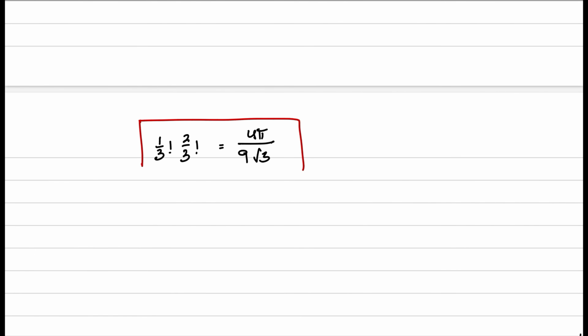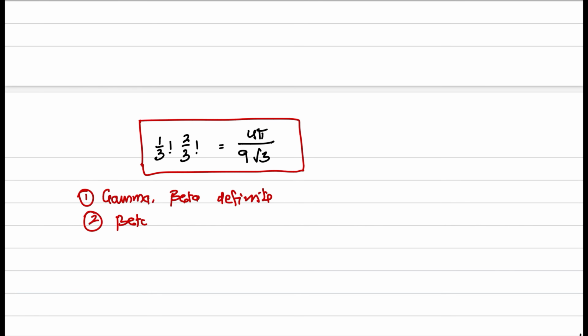As a homework, please try to attempt the proofs for the formula I have given. What are the formulas we have used? Gamma definition, gamma beta definitions we have used. We have used beta gamma relation. We have used gamma reflection formula.